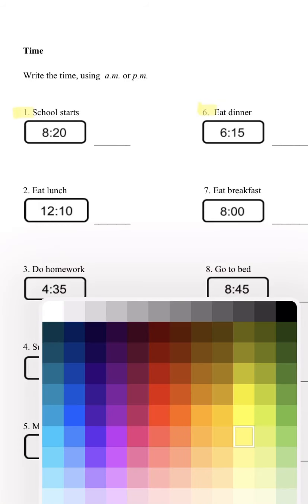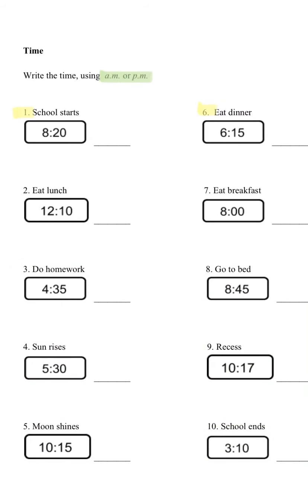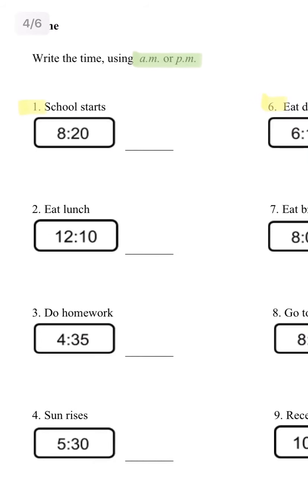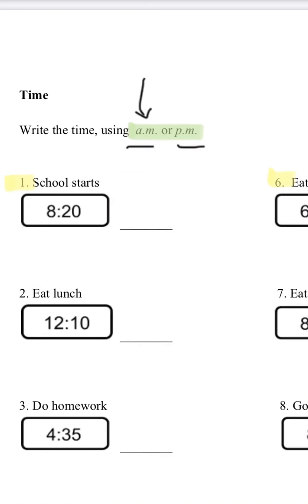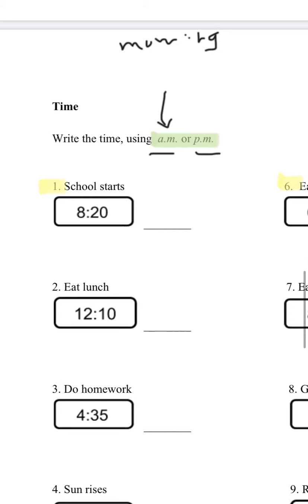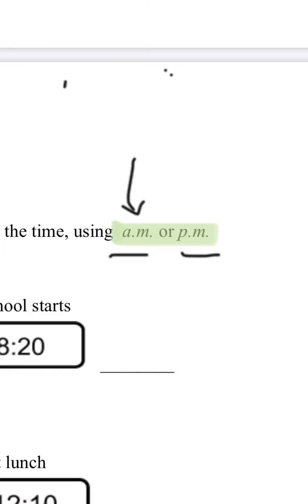But this time we are dealing with AM or PM. Okay? So when does school start? Is it AM or does it start in PM? Well, AM refers to the morning. Oh, wait. AM is midnight to morning.